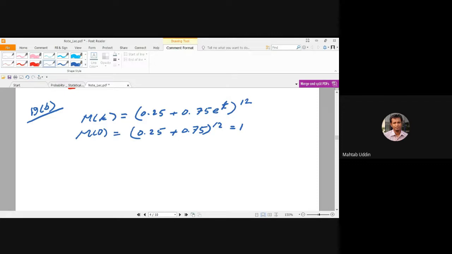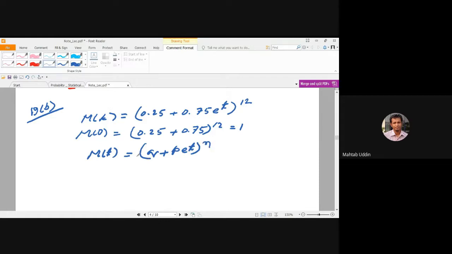This is a valid moment generating function, so we can proceed for further calculations. Now, we want to compare this with M(t). We know the moment generating function for the binomial distribution is (q plus p e to the t) whole to the power n.